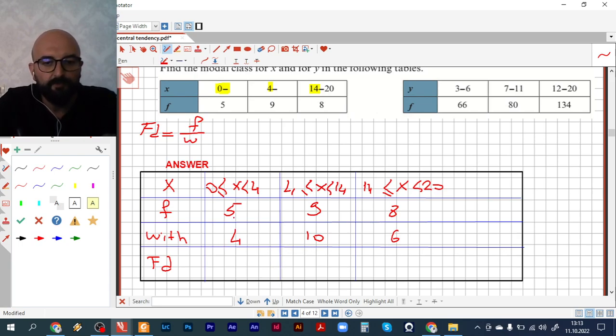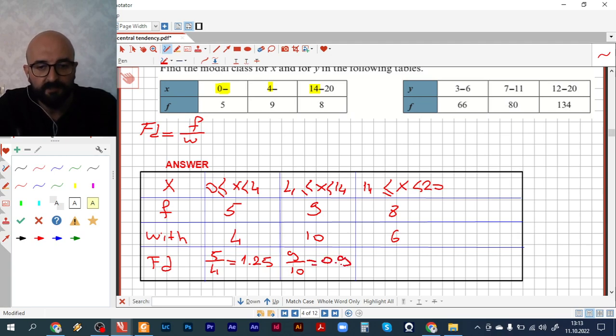So 5 over 4 is 1.25, 9 divided by 10 is 0.9, and 8 divided by 6 is approximately 1.33.